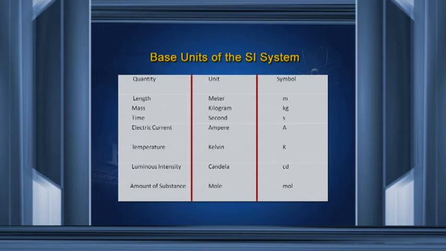Electric current, the unit is ampere and the symbol is capital A. Temperature, the unit is Kelvin and the symbol is capital K. Luminous intensity, the unit is candela and the symbol is small c d. Amount of substance, the unit is mole and the symbol is mol in small letters.